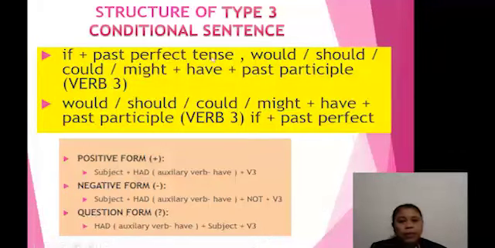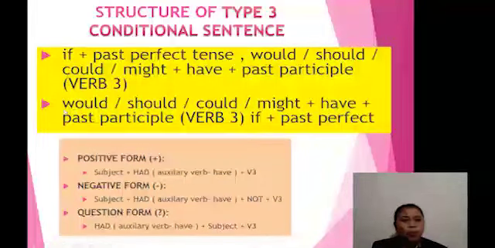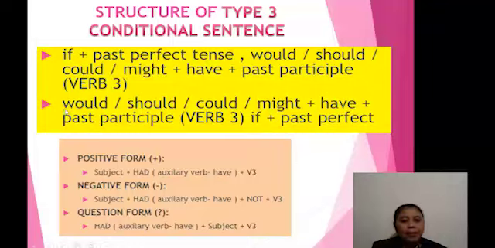And then we can use would, should, could, or might plus have plus past participle of verb 3. Or if we put the main clause in front, it becomes would, should, could, might, have plus past participle of verb 3, and then if clause, if plus past perfect.